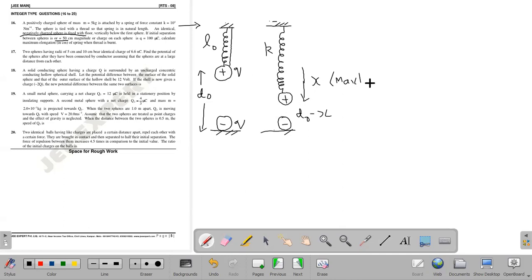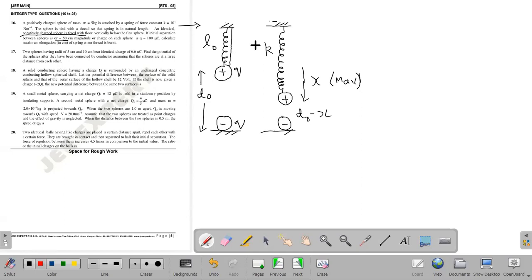And now I use conservation of mechanical energy for this system. At the initial moment, I take the spring, the two charges, and the earth, everything as part of our system.